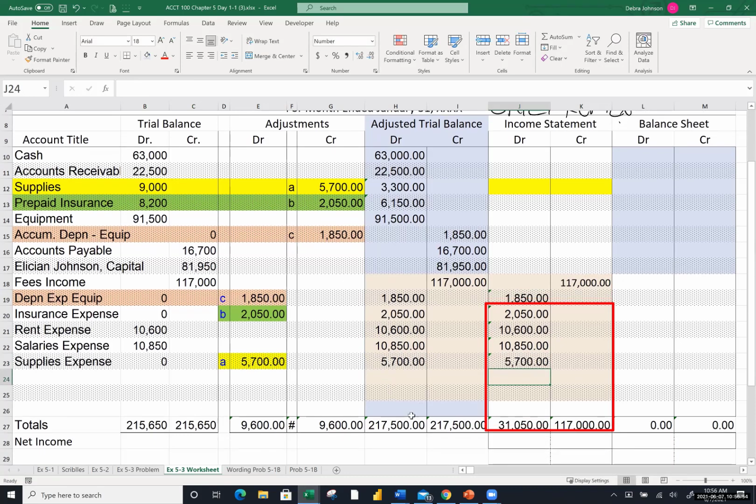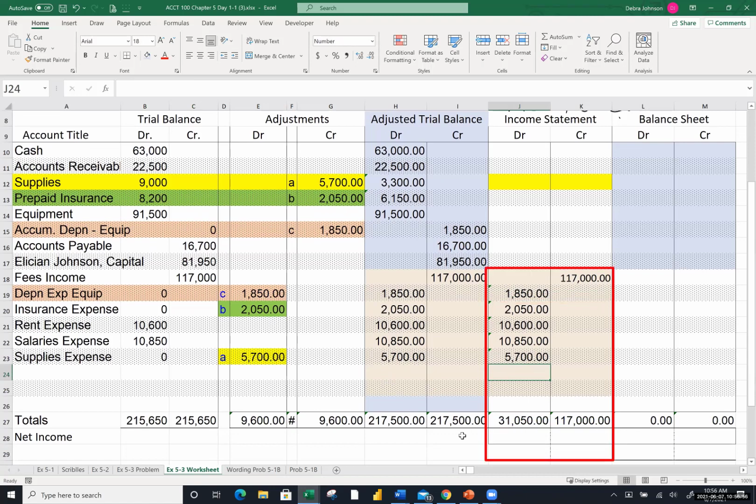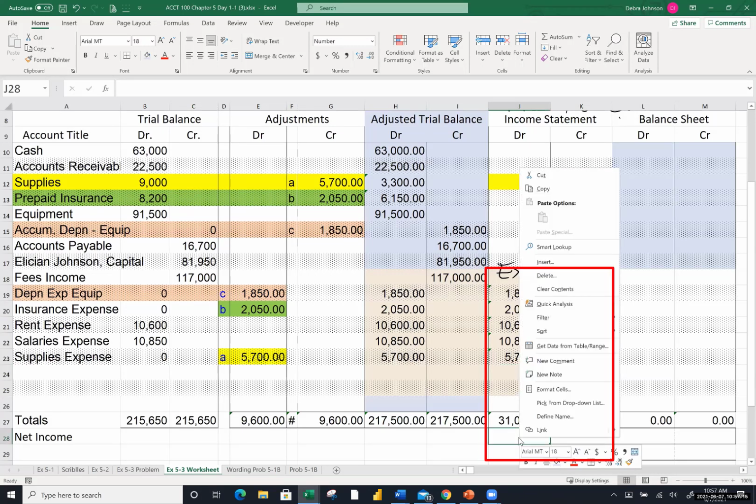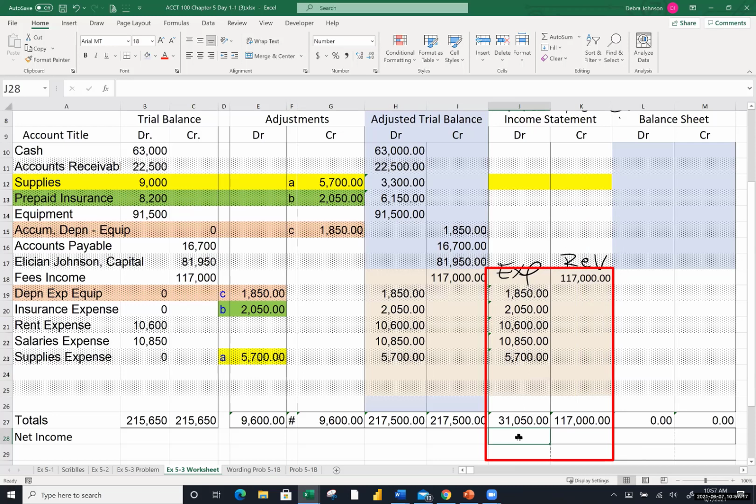Now, one thing I want you to notice, if these are our revenues and these are our expenses, we don't expect these to balance out. We're hoping, in this case it happened, that our revenues are much more than our expenses. So to finish this worksheet off, we're going to show the owner whether he made or lost money.